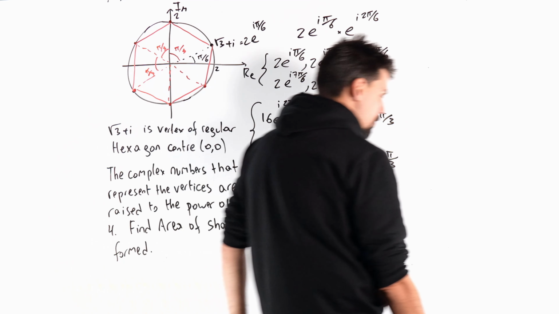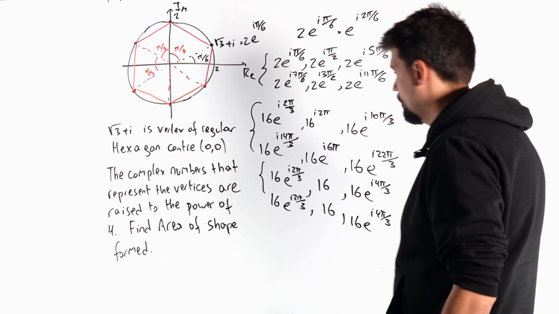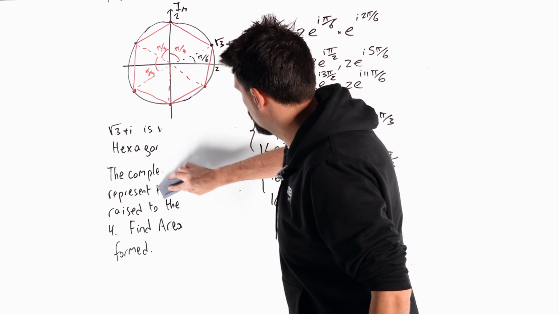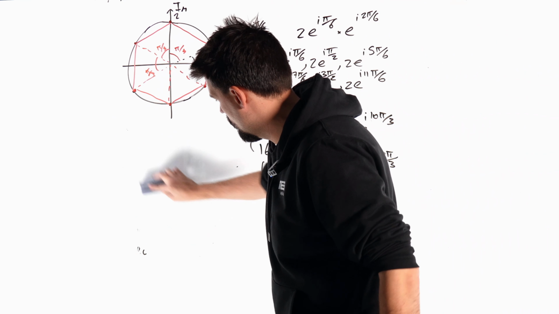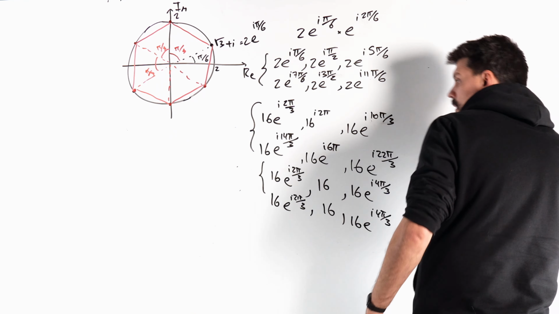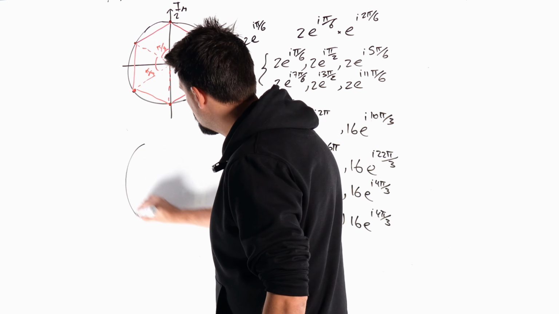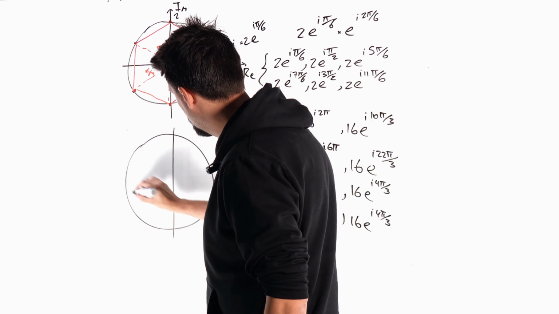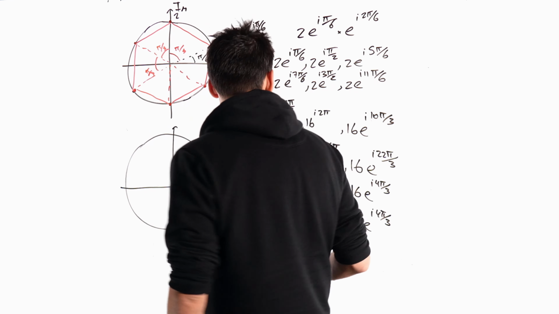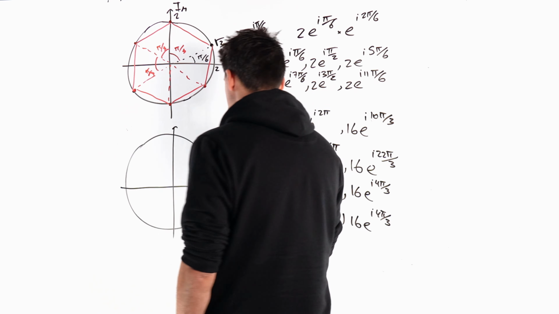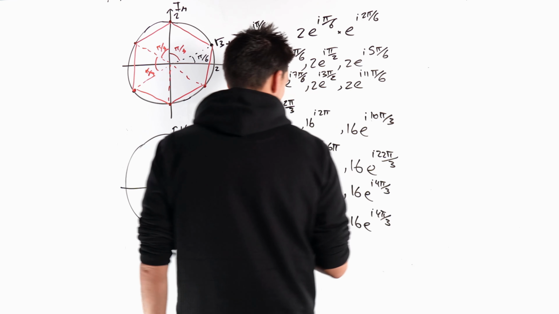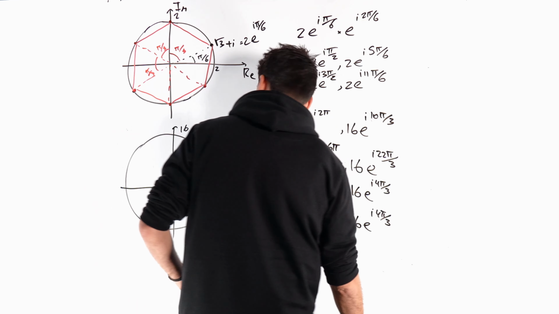And let's try and draw this. So now I've got these points that are spread around. That's a bit iffy. They're spread around. They've all got a modulus of 16. My first one is at 16.